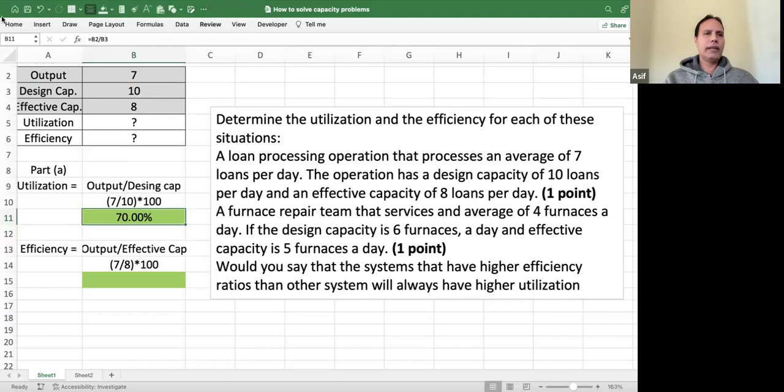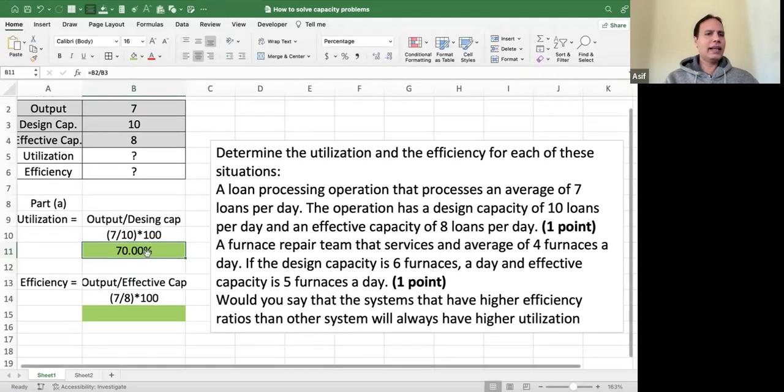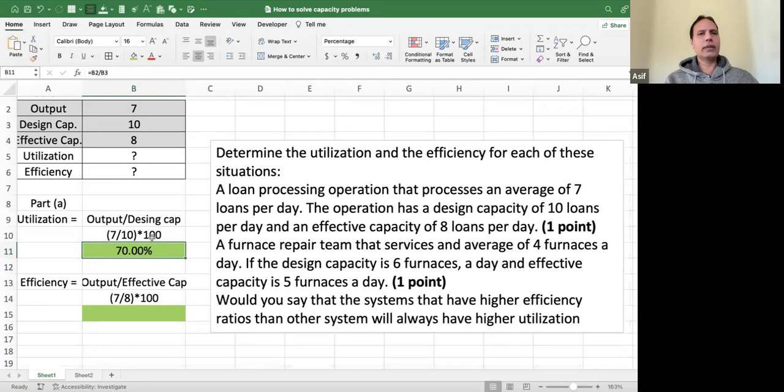Now, there is a possibility that in some cases you may not get this 70%, but you may get something different. But don't worry, just click here on this percentage and it will give you the percentage. Sometimes it might just appear as a number, like 0.7 or something. But if you want to convert it into a percentage, you just click here on the percentage and it will be converted. It will give us the percentage utilization.